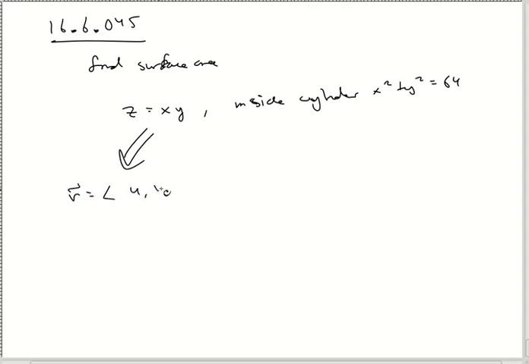So let's call it u, v, u times v. I know that's kind of cheating again, but hey, it's easy to do. Might as well. So r in terms of u is 1, 0, v. r in terms of v is 0, 1, u.